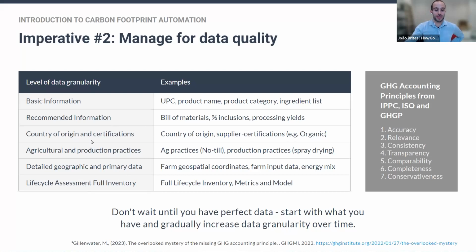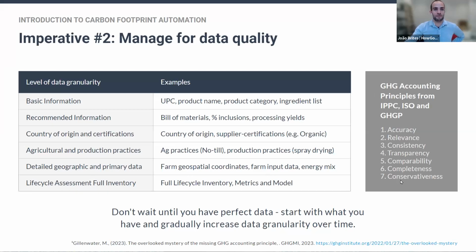One of the things that we usually tell our partners is, you don't have to wait until you have perfect data, until you have 100% primary data, to do all of the accounting that you need to do. You can start with the data you have and gradually increase data granularity over time. This is important as long as you follow the GHG accounting principles that are here on the right, especially the one around conservativeness.